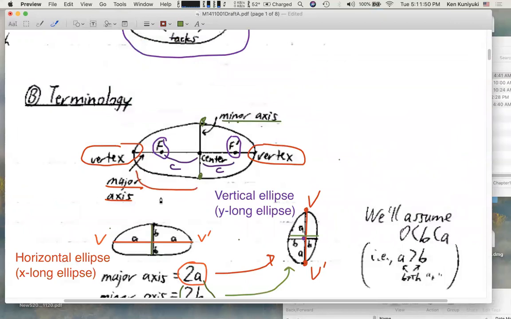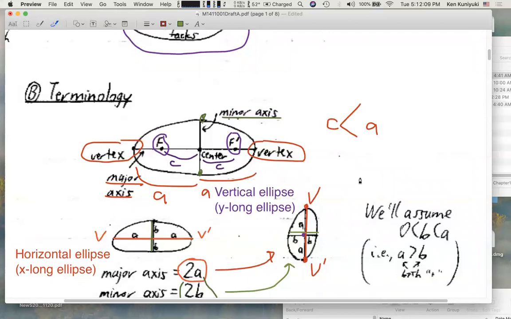So this is going to be A over here. This is going to be A over here. This is the distance between the center and either vertex. You can see here C is less than A. Okay, C is going to be less than A. And we know that B is less than A also. So both B and C, we know, are going to be less than A.